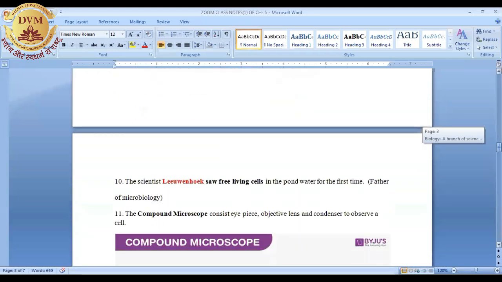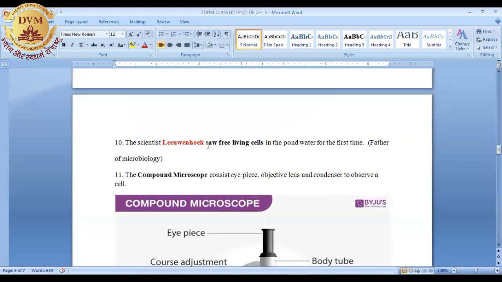Next is the scientist Leeuwenhoek. He observed free living cells in the pond, or you can say in water, for the first time with the help of a microscope. So Leeuwenhoek is known as the father of microbiology. Microbiology means the study of microorganisms.